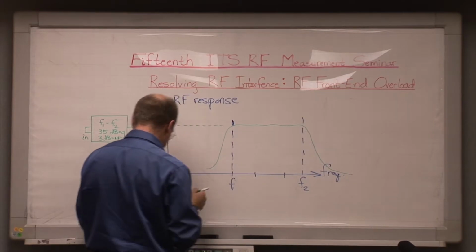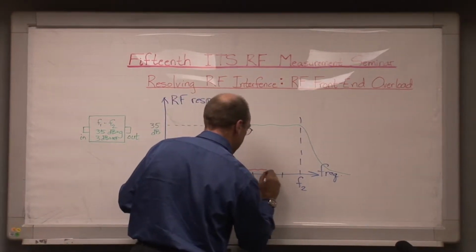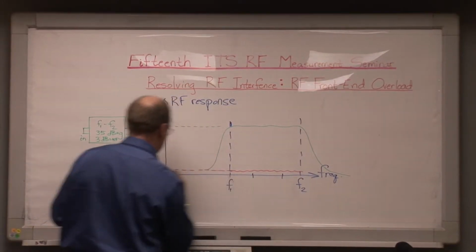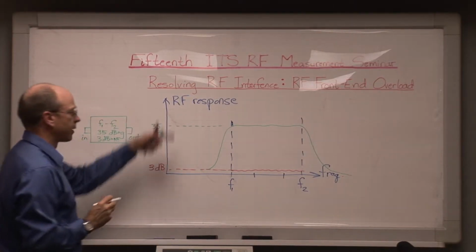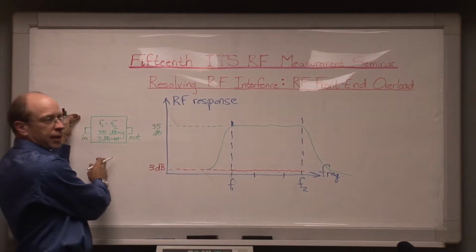In fact, we could plot noise figure down here in red, and they're envisioning that this has a noise figure down here of 3 dB, and we'll plot it like so in red for the 3 dB noise figure. That's what they imagine this amplifier is doing based on what's on the package.